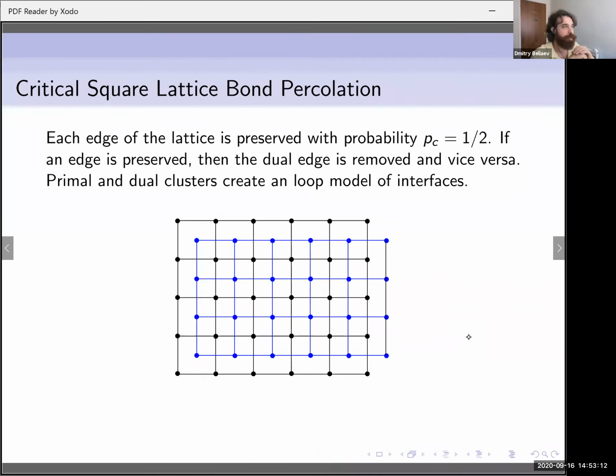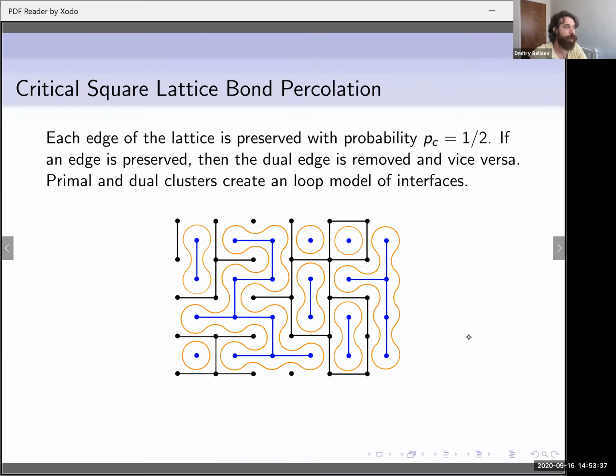Now, let me just briefly explain bond percolation. We take a square lattice, say the blue one, and then there is a dual black lattice. For each blue bond, there is a corresponding black bond. Then you toss a fair coin, and with probability 1/2, you keep either black or blue.